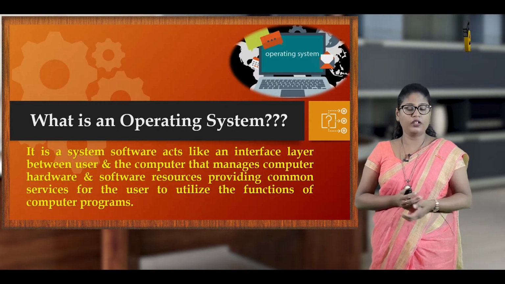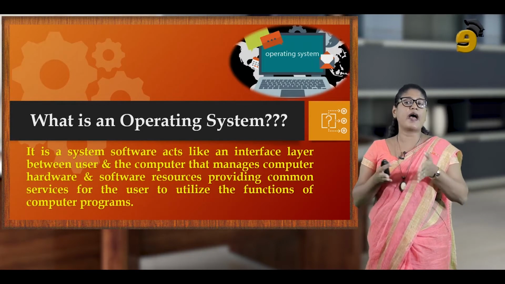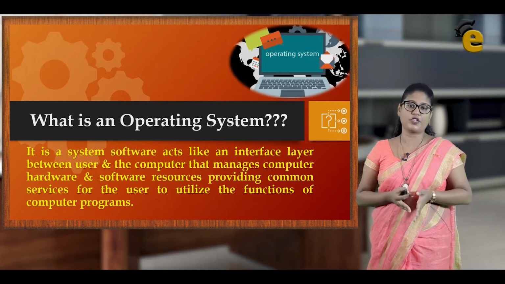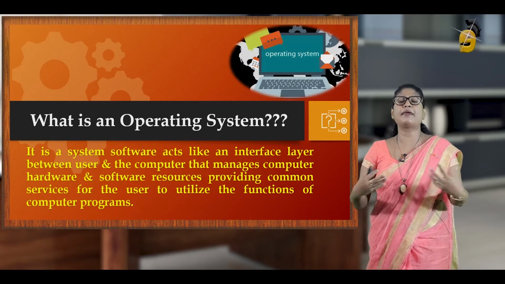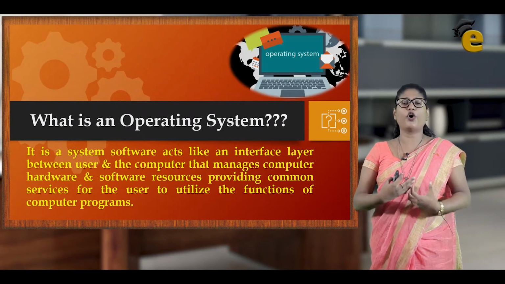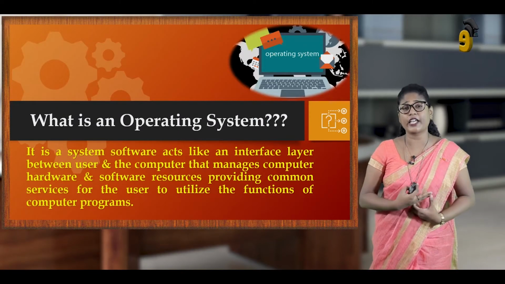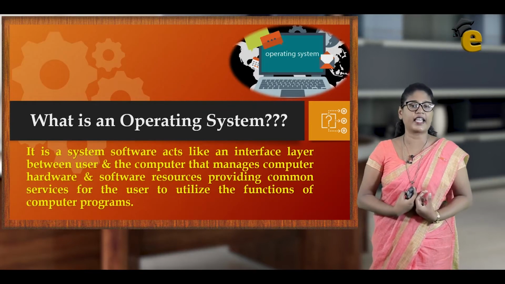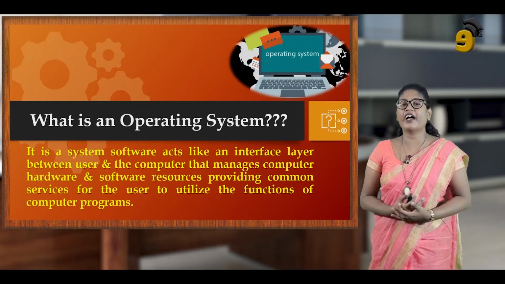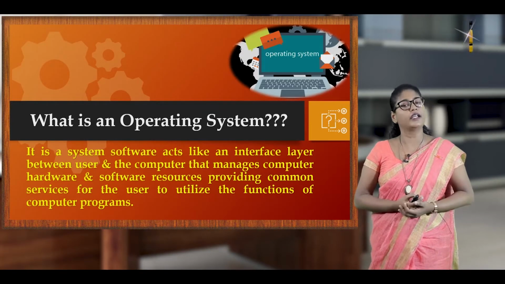Therefore, the operating system manages the computer hardware and the software resources. We are always inserting and installing many hardware devices, which gives us multitasking utilities. To get multitasking performance, we use many different devices installed into the computer.